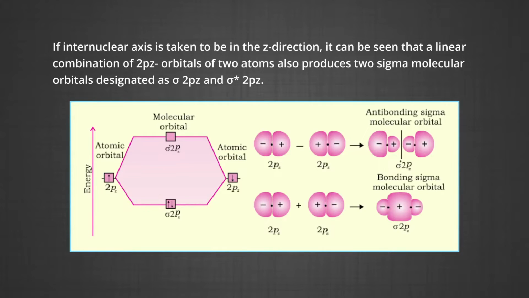The figure will show you that if the internuclear axis is taken to be in the z direction, a linear combination of 2pz orbitals of the two atoms also produces two sigma molecular orbitals designated as sigma 2pz and sigma antibonding 2pz molecular orbitals.